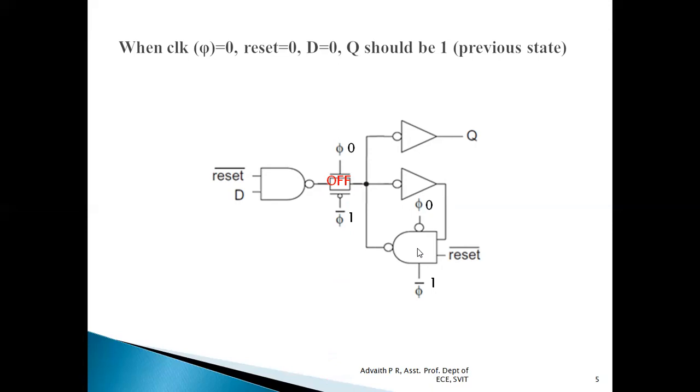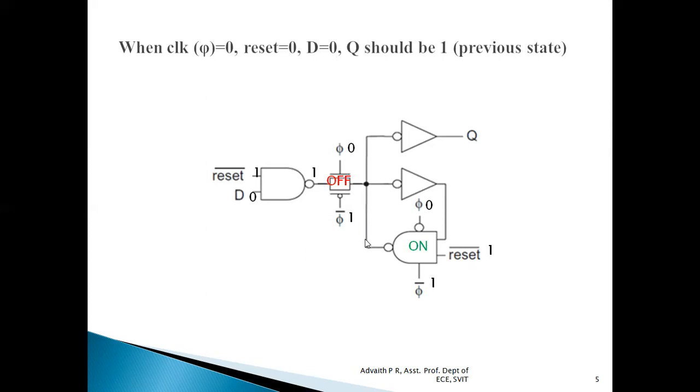Whereas when clock is 0 and clock bar is high, this NAND gate in the feedback section is turned on. Now the reset is 0, so reset bar should be equal to 1. D is 0. 1 NAND with 0 is 1. But this 1 cannot be transferred to this end of the transmission gate because this transmission gate is off.